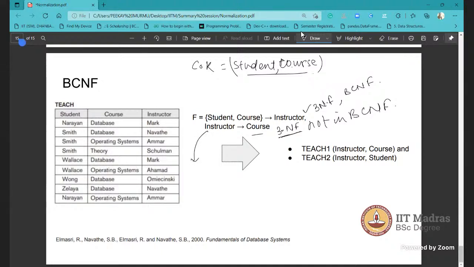So why do we do BCNF? BCNF is less redundant than the third NF, right?